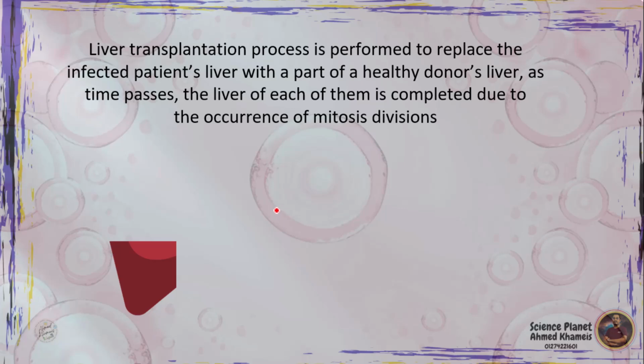By time, the part that was transplanted in the unhealthy person undergoes many mitotic divisions to grow into a liver. So a liver transplantation is performed to replace the infected patient's liver with a part of a healthy donor's liver. As time passes, the liver of each of them is completed due to the occurrence of mitotic division.